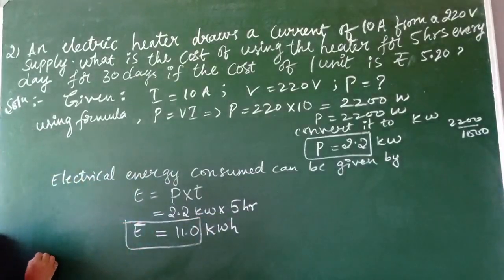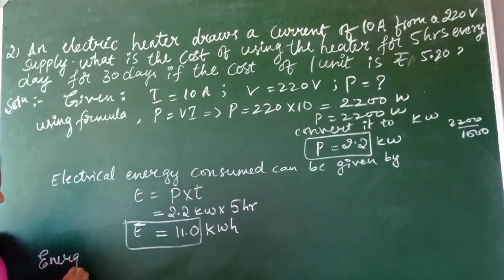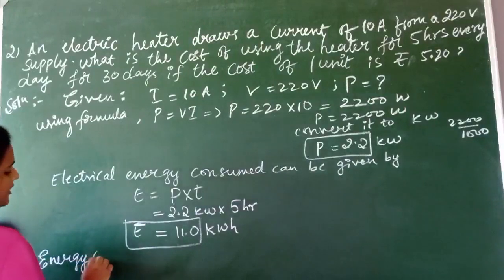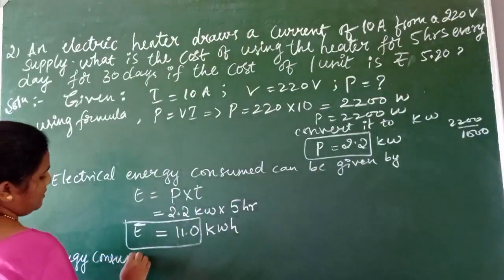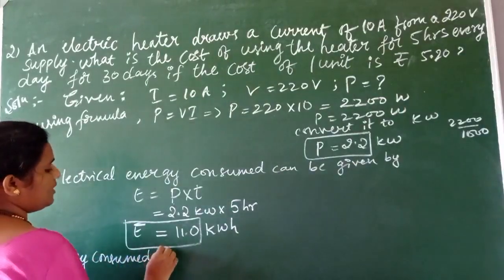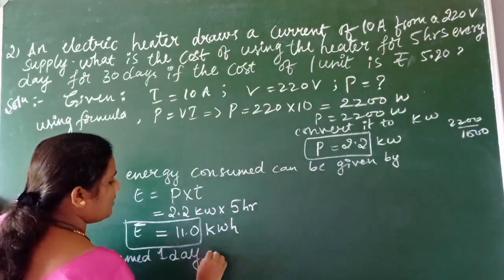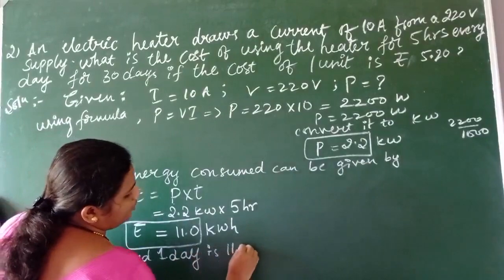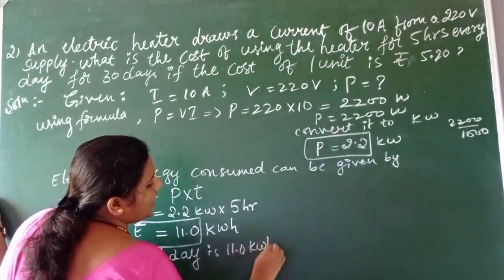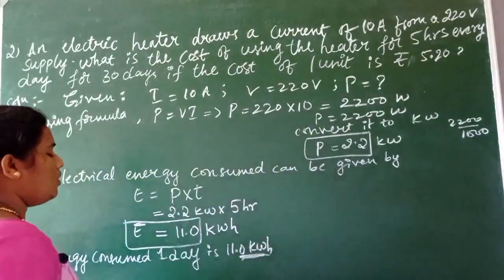The electrical energy consumed for 1 day is 11.0 kilowatt hour.